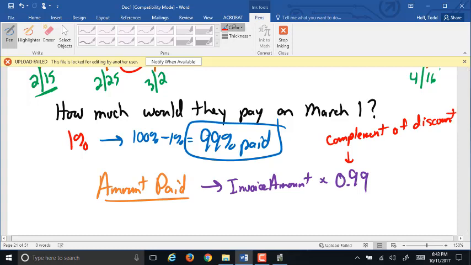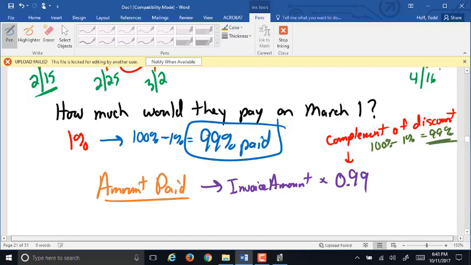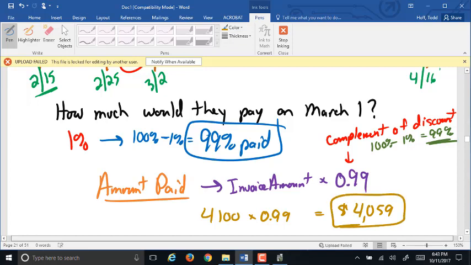The term complement just means 100 minus that discount of 1%. So we're going to take that invoice amount of $4,100 times 0.99, which gives us $4,059. That is the amount they would have to pay on March 1st.